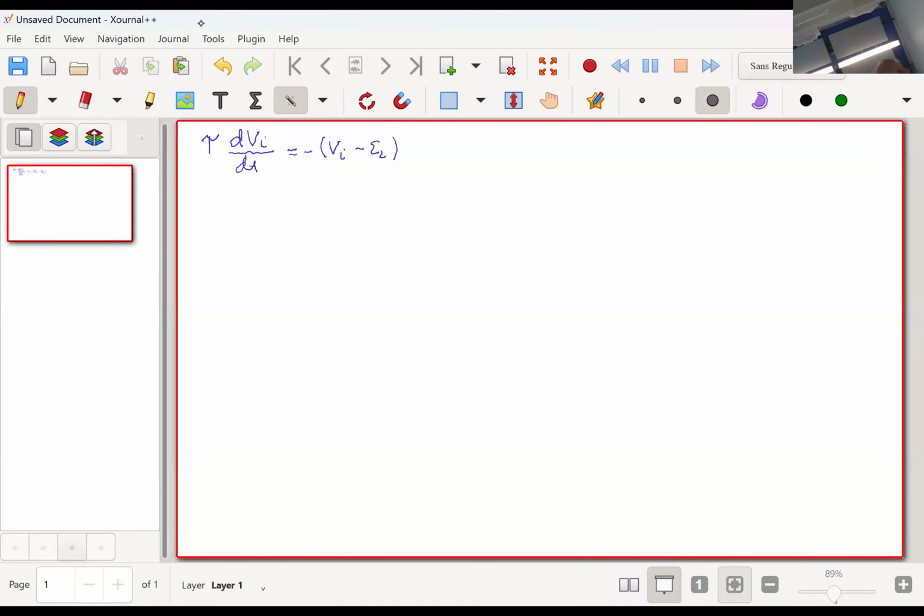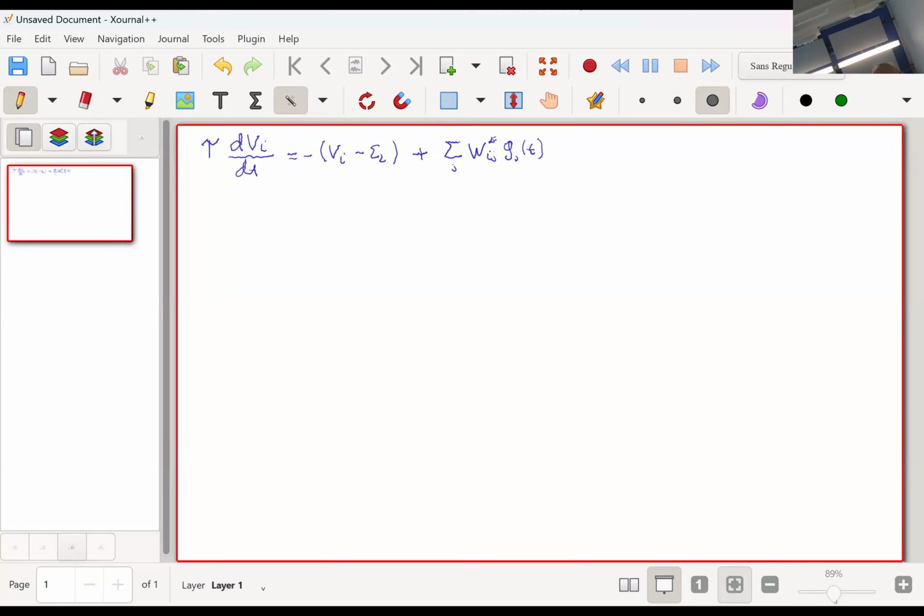And we looked at a current-based model in which we divided neurons into excitatory and inhibitory: sum over j of W_ij^E g_j^E(t), minus the sum over j of W_ij^I g_j^I(t).